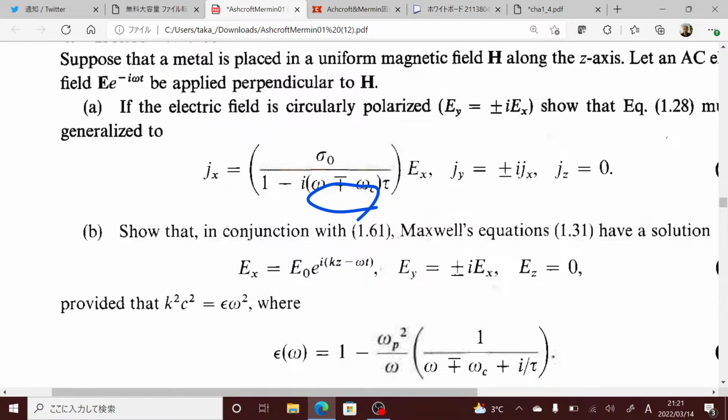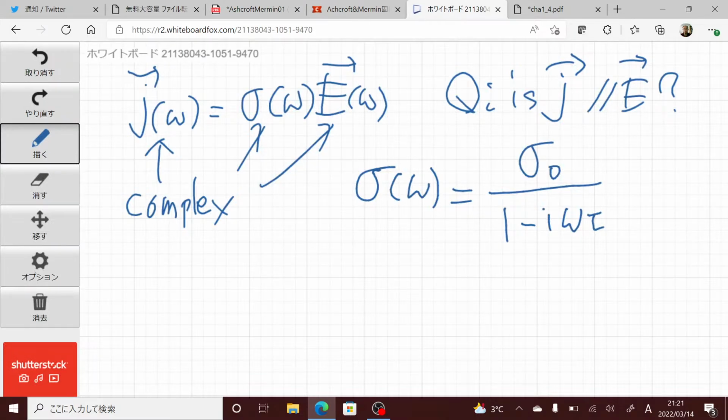If omega equals omega c, this part becomes 0 or 2 omega. Double frequency. It's complicated.